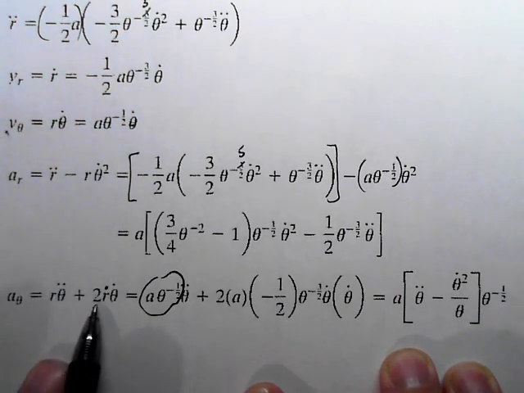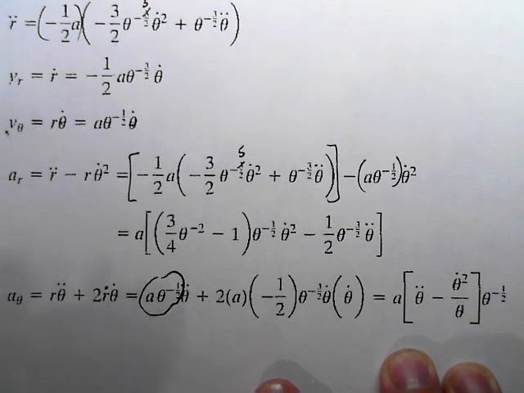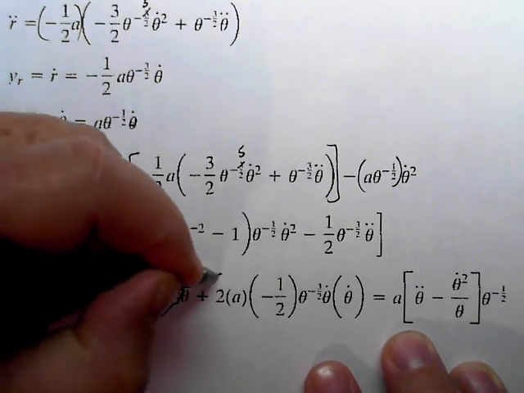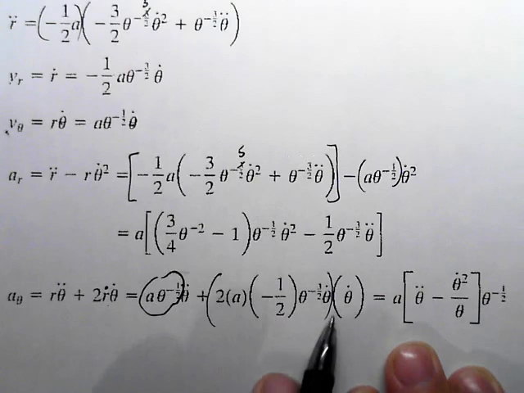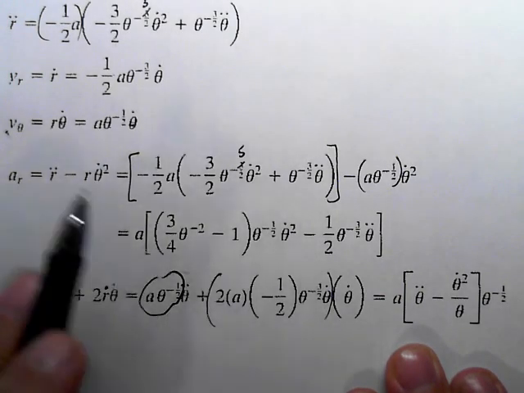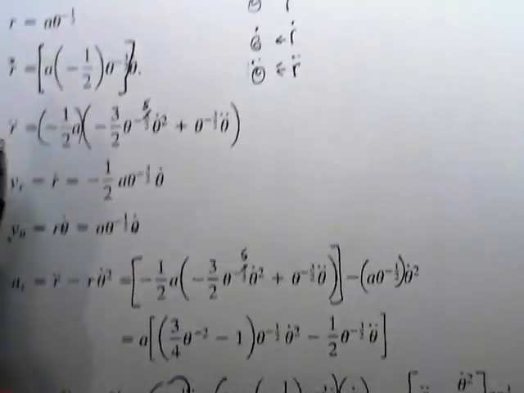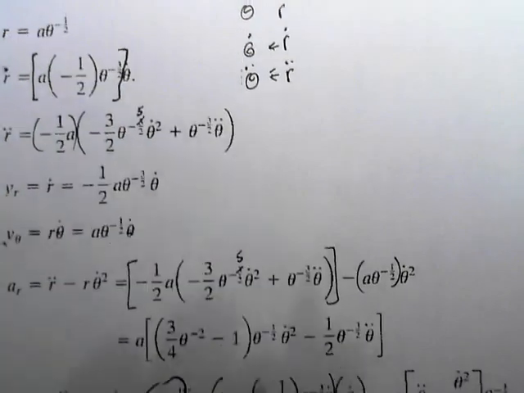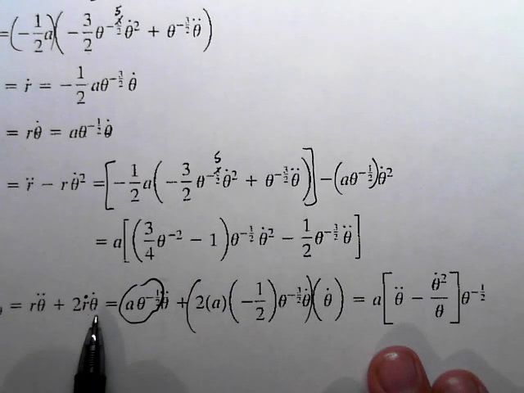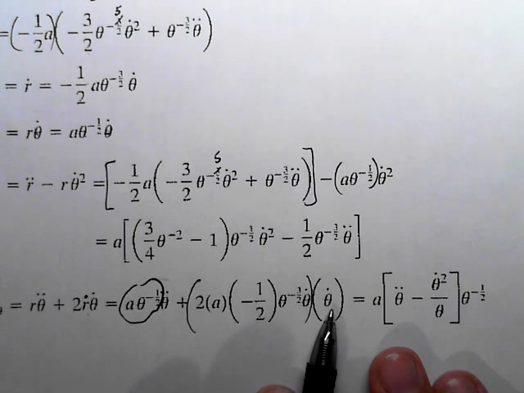Check the equation sheet. 2 r dot theta dot. And so this quantity is r dot copied from above. Here's the r dot piece. And multiplying by theta dot, there's that theta dot. And of course these two theta dots combine into a theta dot squared.